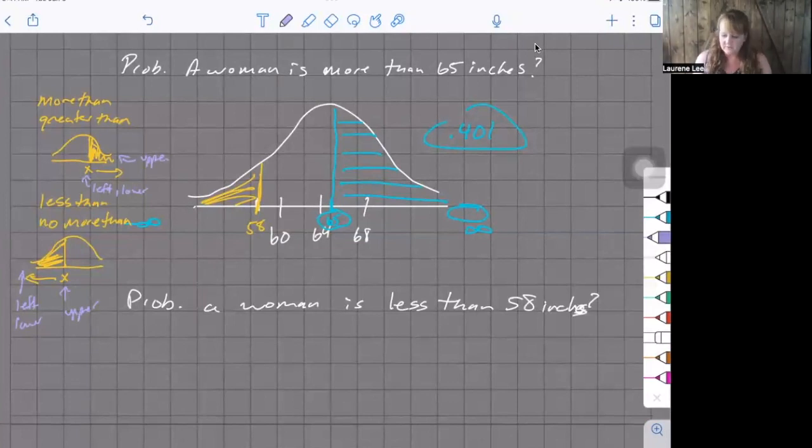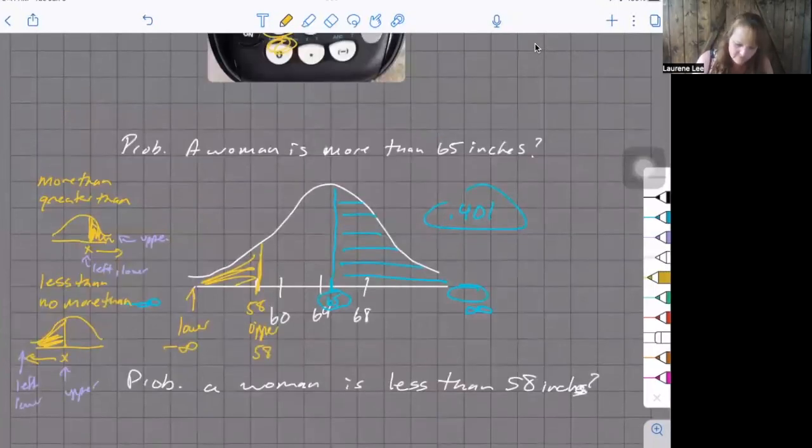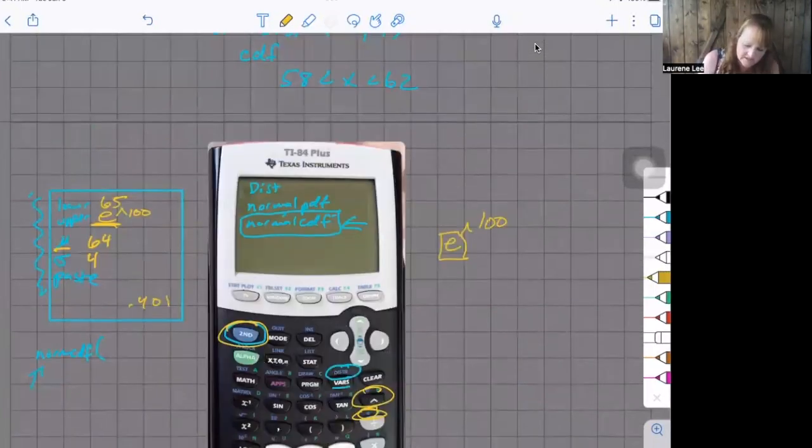So for this problem, this yellow section, my left or lower bound is going to be negative infinity, and my upper bound is going to be 58. So on a TI, it's going to look like this. We're going to write negative infinity, or in our case, we're writing negative e to the 100. Now, be careful.